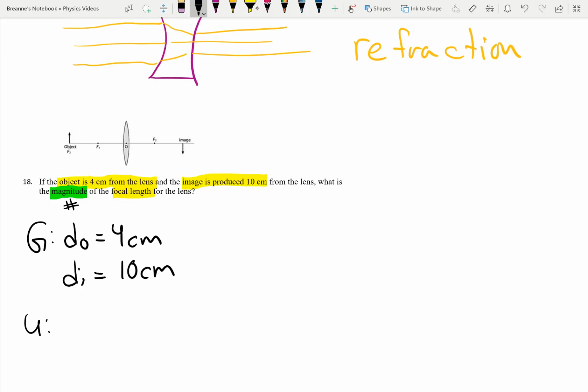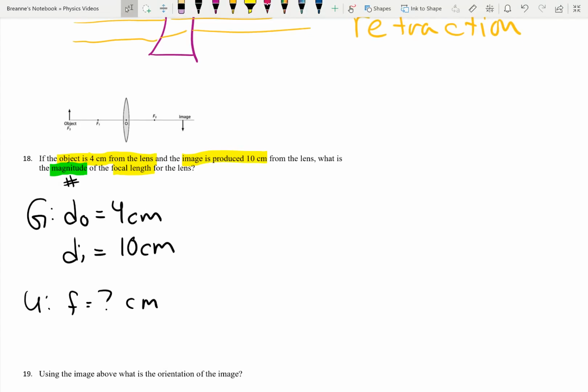And our unknown is focal length, not fancy F. It can just be measured in centimeters, so we're not going to make you convert on these. Our equation is 1 over focal length equals 1 over di plus 1 over do.